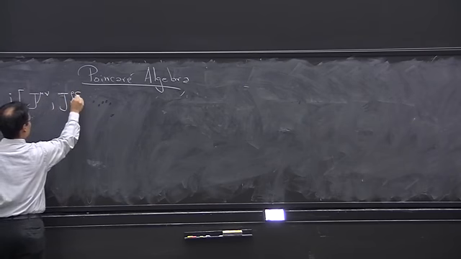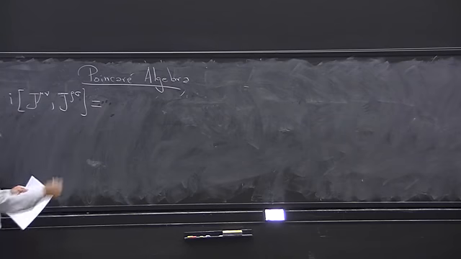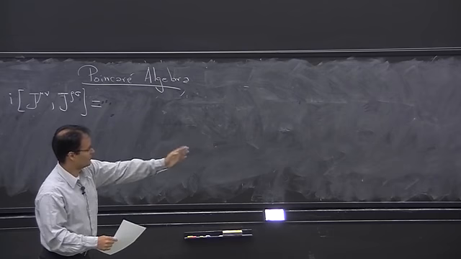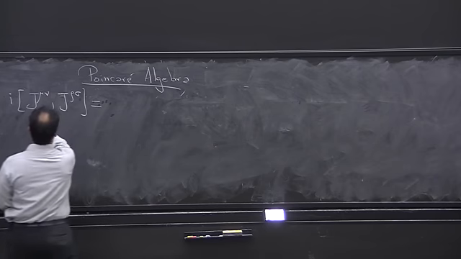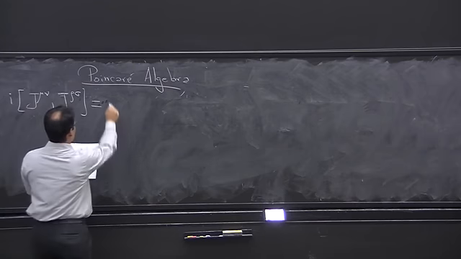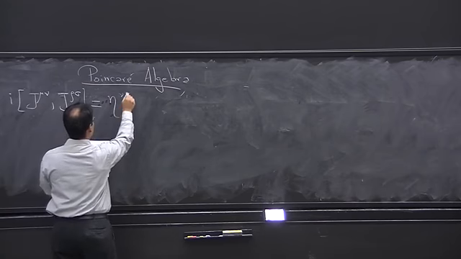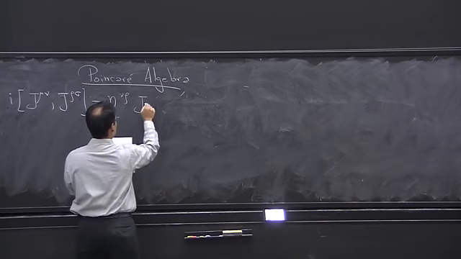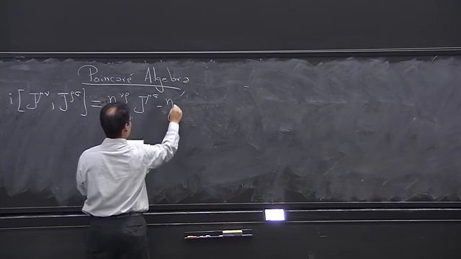So what you will find is that from that computation, if you compare the coefficients on both sides of the infinitesimal transformation, the commutator of the J's, with an i here, is nothing but this combination.